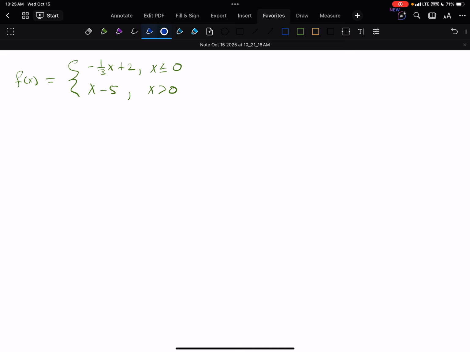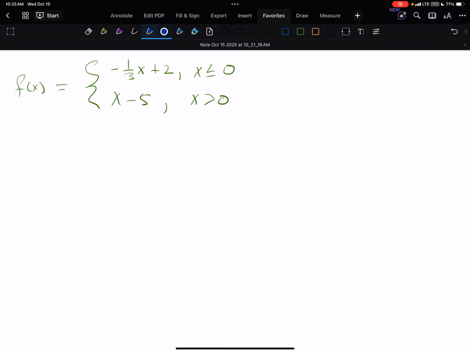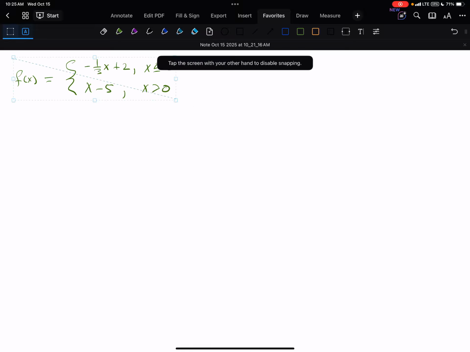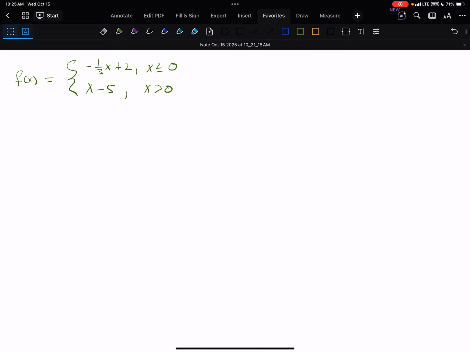And so for x less than or equal to 0, I have outputs defined by this relationship. And for values where x is greater than or equal to 0, they're defined by this relationship. And so I want to graph this thing.